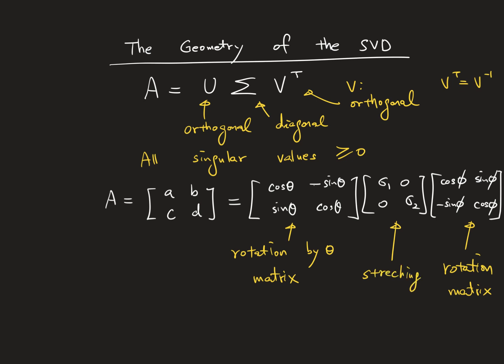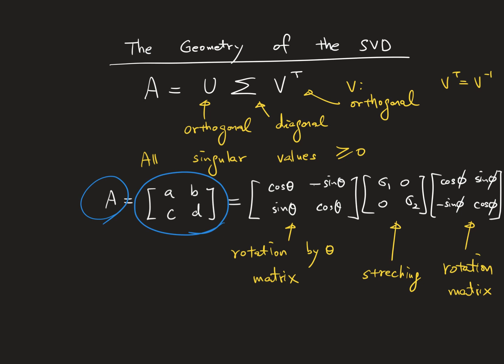Stretching. So if sigma 1 is equal to 2, we just make the length twice. We think of A as just an operator, but what is it doing? It's just numbers A, B, C, D, but we don't know what A is doing.